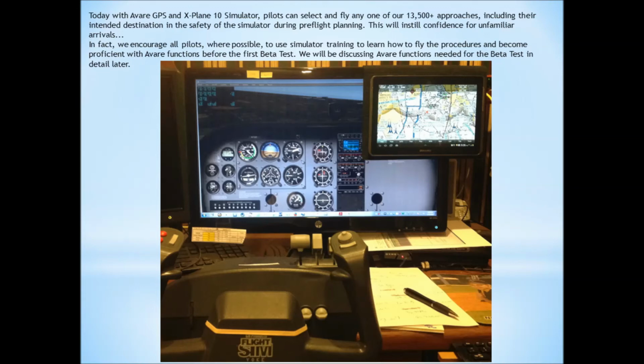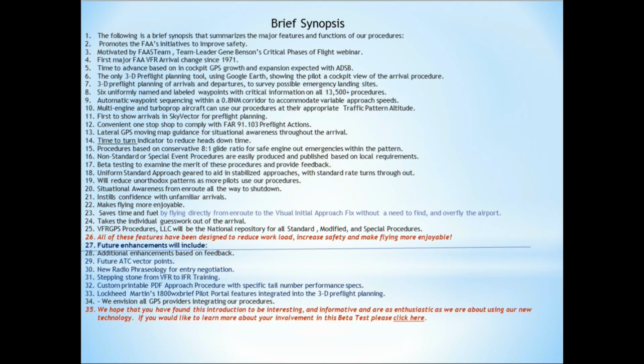The following is a brief synopsis that summarizes the major features and functions of our procedures. Promotes the FAA's initiatives to improve safety. Motivated by FAST Team leader Gene Benson's Critical Phases of Flight webinar. First major FAA VFR arrival change since 1971.